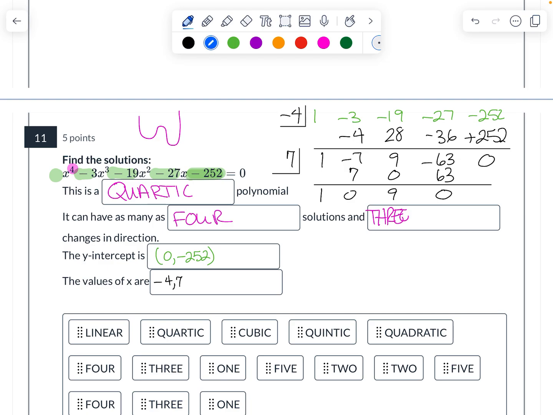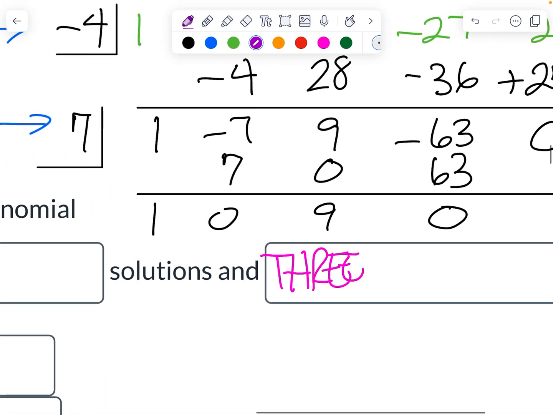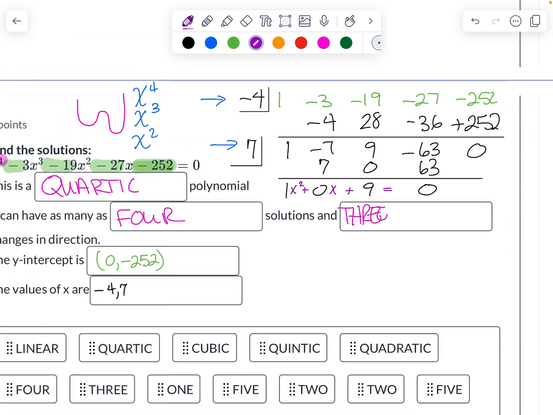So we started with x to the 4th power. We used synthetic once, so that got us x to the 3rd power. We used synthetic again, so that gets us x to the 2nd power. So we have 1x squared plus 0x plus 9 equals 0. That gives us the problem x squared plus 9 equals 0.